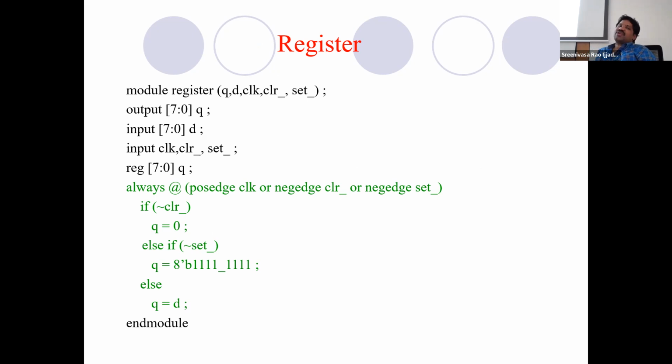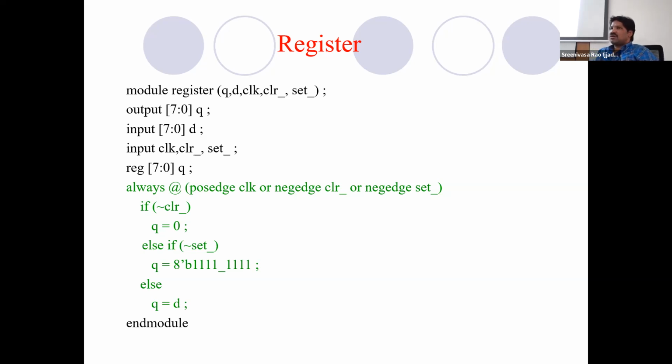How many bit register? 8-bit register, because Q size is 8. Q is a vector type variable. It's a port declaration. The port name is Q and the size is 8 bits. And input size is also 8 bits.